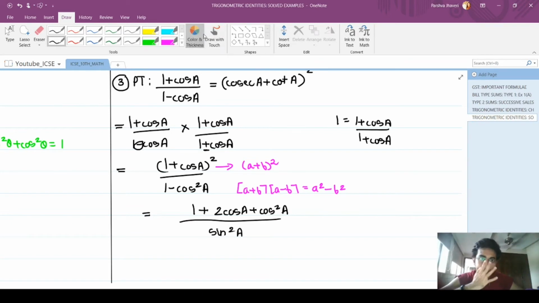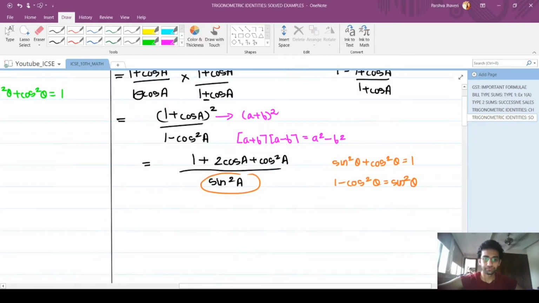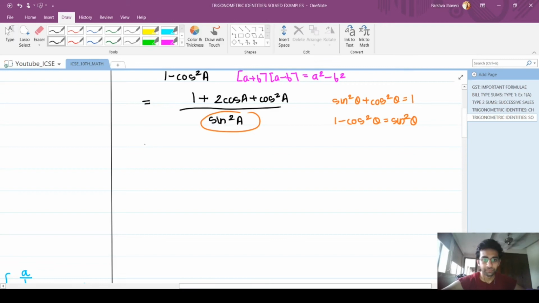Because, remember I told you, remember this: sin square theta plus cos square theta is 1. So from here we get 1 minus cos square theta is sin square theta. That's what I have written over here. Now, since each term has a common denominator, I will split them up.